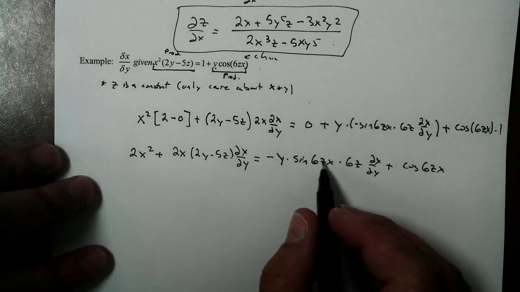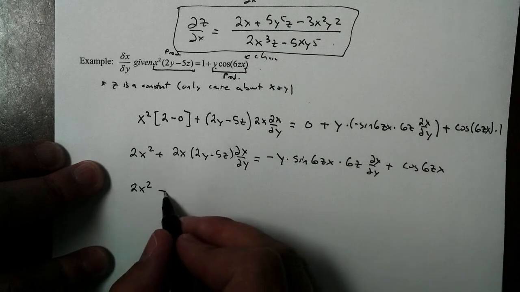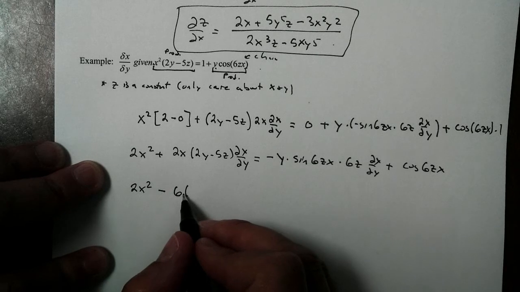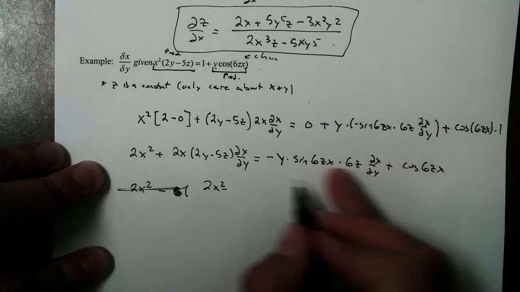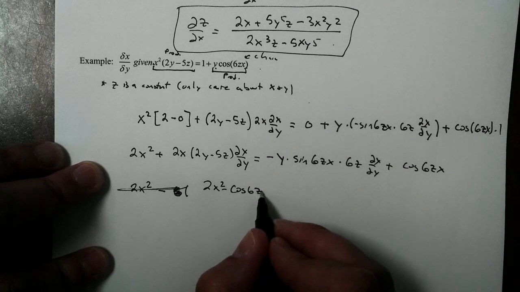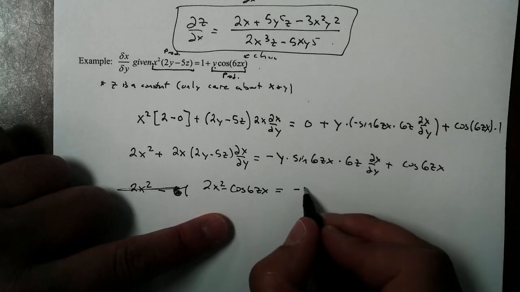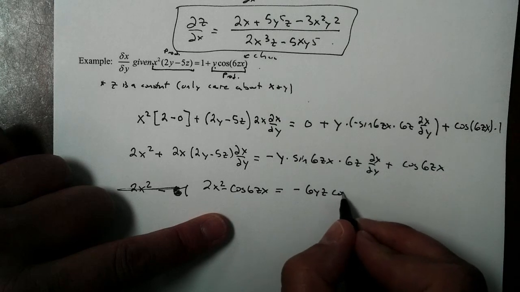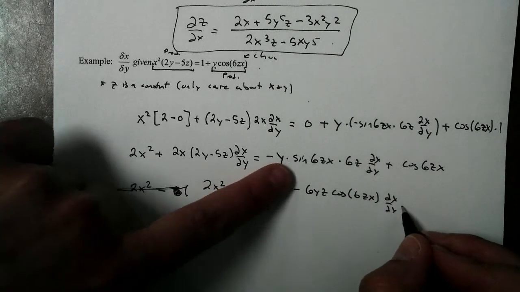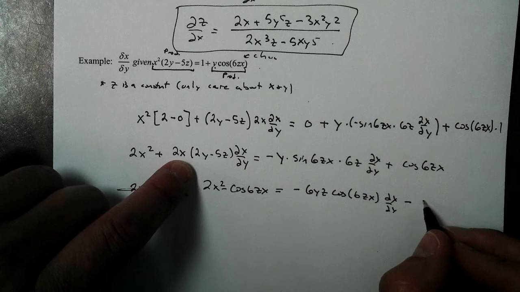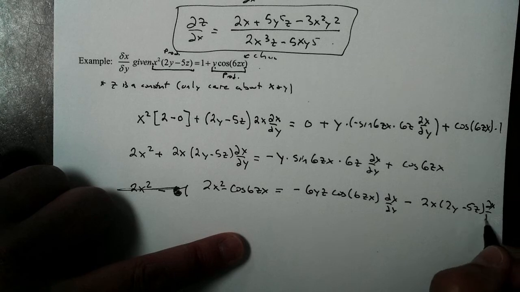Alright, bring everything together. This looks kind of messy. So that's going to give me 2x squared minus, bring over the cosine 6zx equal to negative, I'm going to bring the 6z out, 6yz cosine 6zx partial of x with respect to y, and that's going to become minus 2x times 2y minus 5z times the partial of x with respect to y.